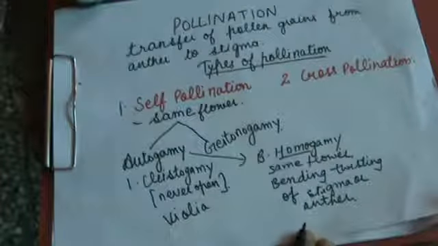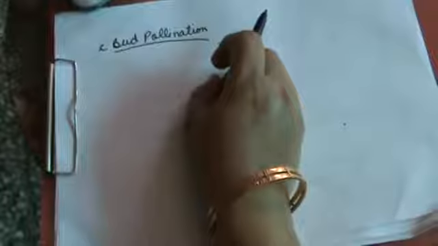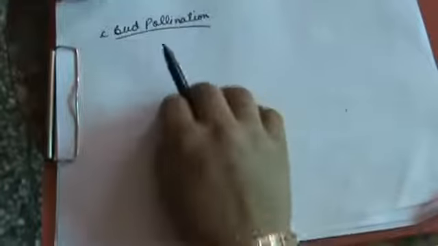Now the third type is bud pollination. This type of pollination occurs when the anthers and stigma of the bisexual flower of some plants mature before the opening of the buds of the flowers.